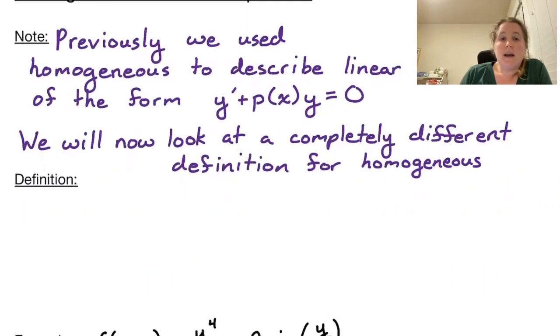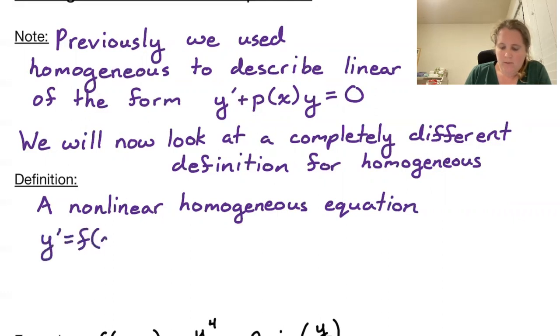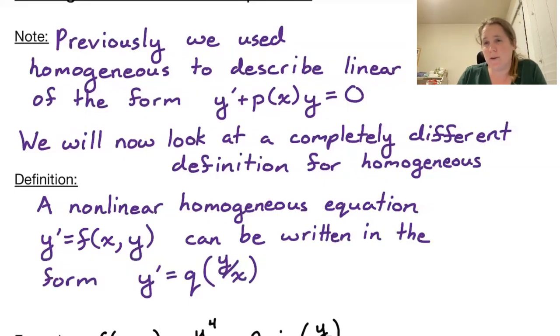So a nonlinear homogeneous equation y prime equals f of x, y can be written in the form y prime equals q of y over x, right? Where q is just a function of one variable.